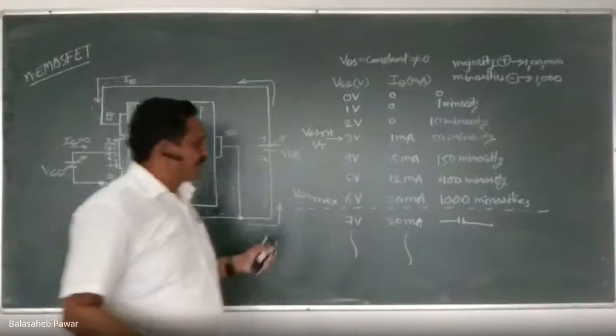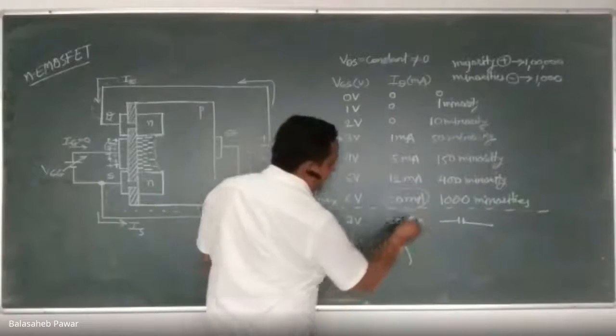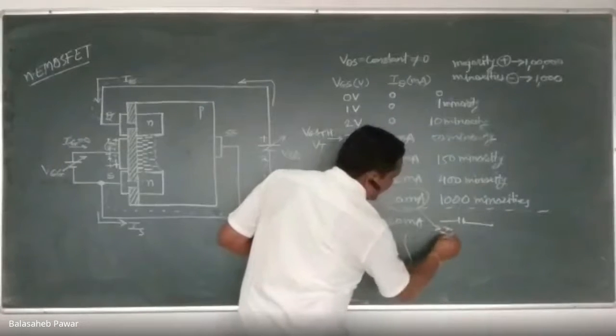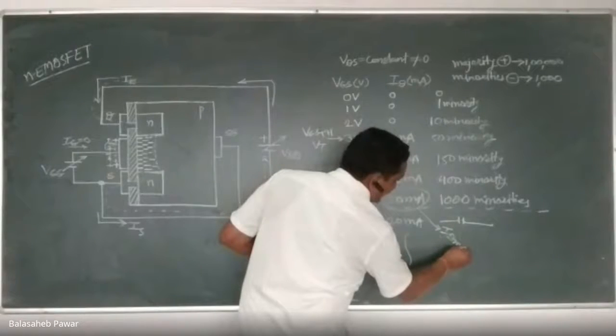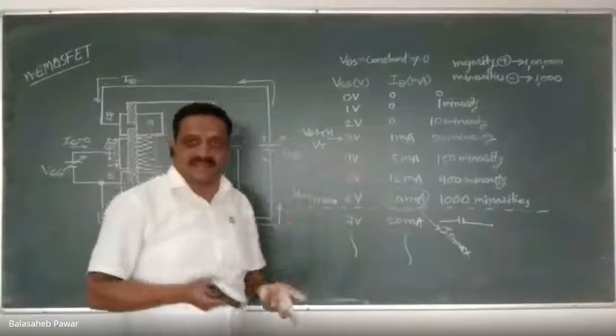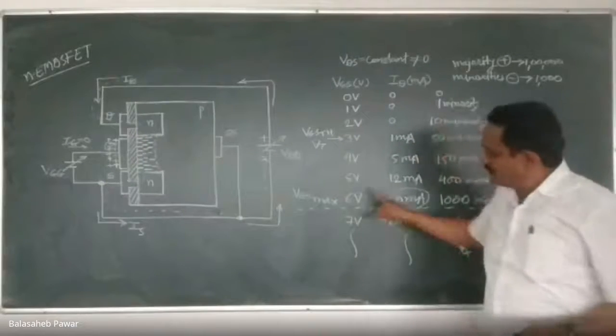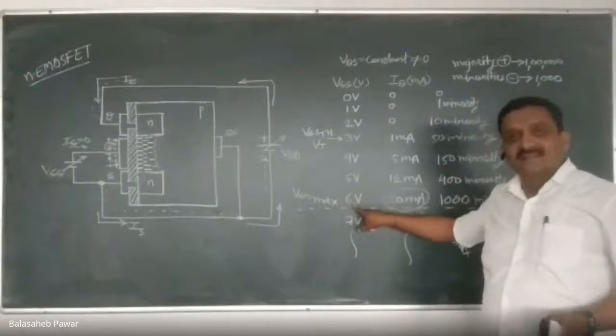So see, can we call this ID max? Because beyond this value, the current will not increase. So whatever ID we get when VGS equals VGS max is known as ID max.